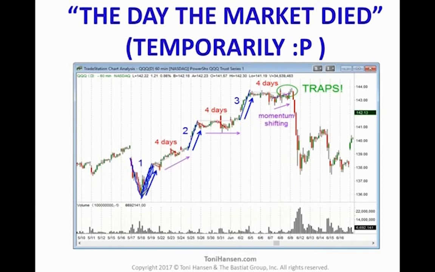Basically, it began with a V bottom, where momentum was pretty similar on the downside as it was on the upside. That's fairly common. You get V bottoms, you get V tops. But then it didn't go into a sideways trading range like that typical trend that I showed you. Instead, it shifted momentum.